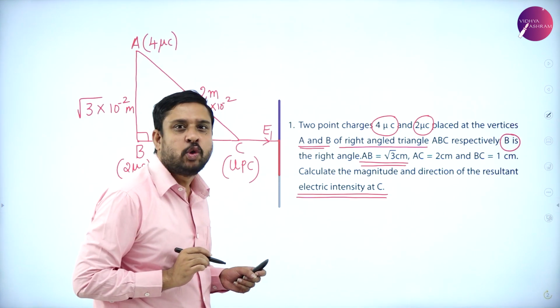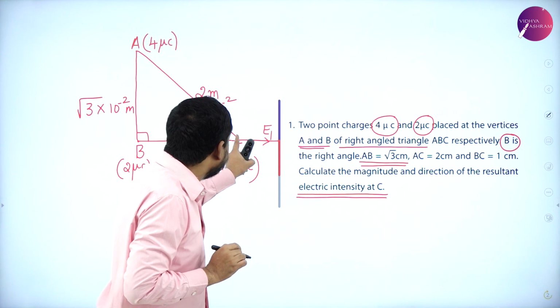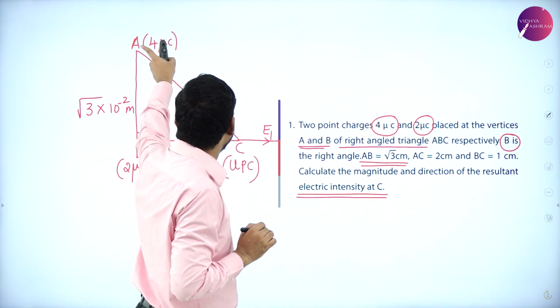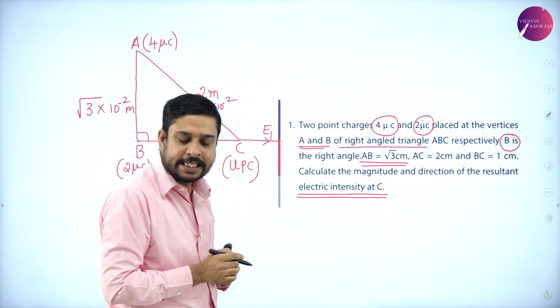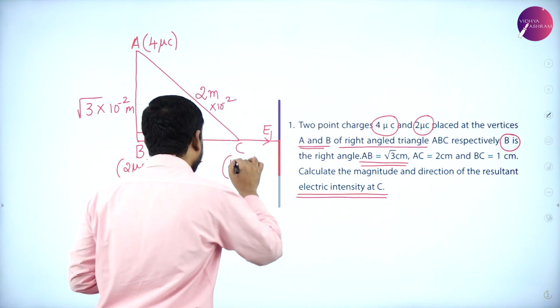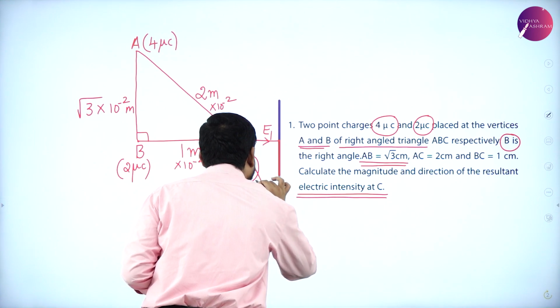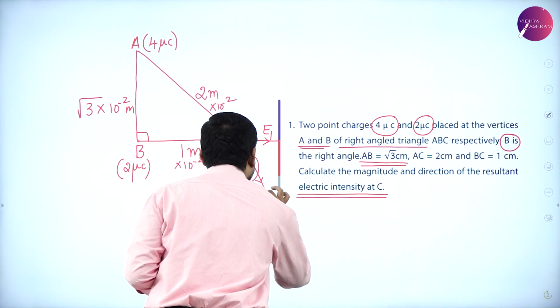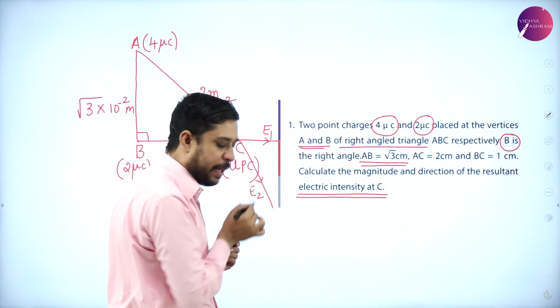Next, I will calculate the intensity at C due to the charge at A, E2, which again acts away from the UPC.